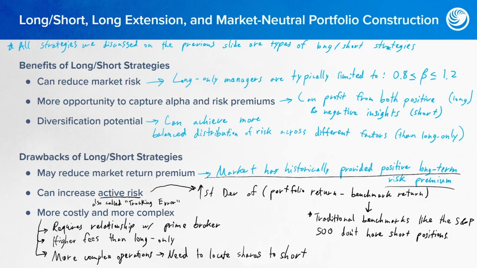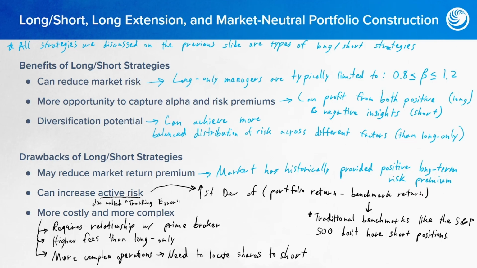So if you were to go long only into the market, perhaps you'd assume you'd get this long-term risk premium, whereas if you decrease beta, you're going to likely be receiving less of this long-term risk premium. So reducing the market exposure through shorts might mean potentially missing some of this premium.